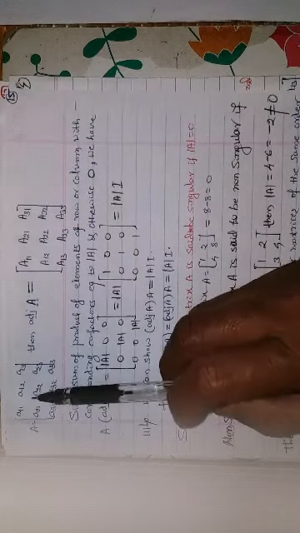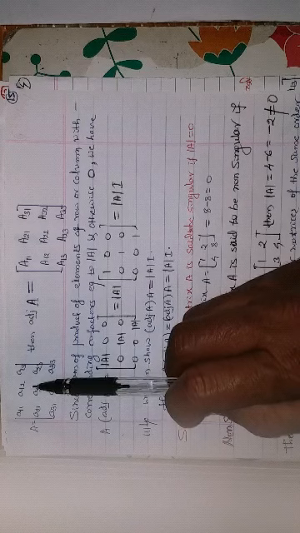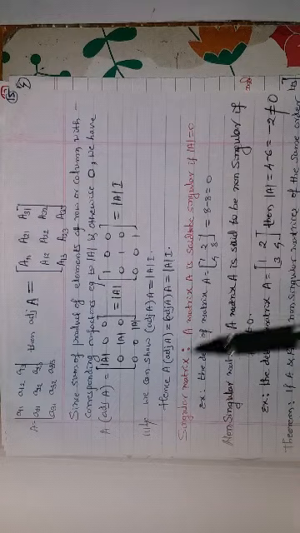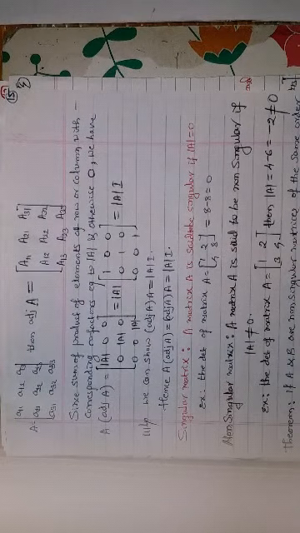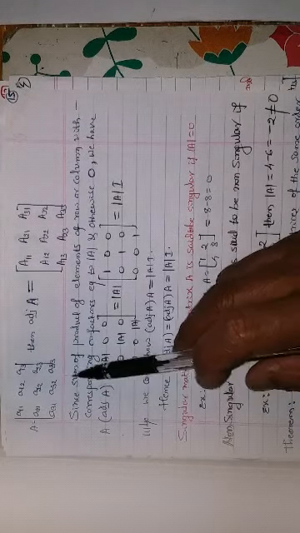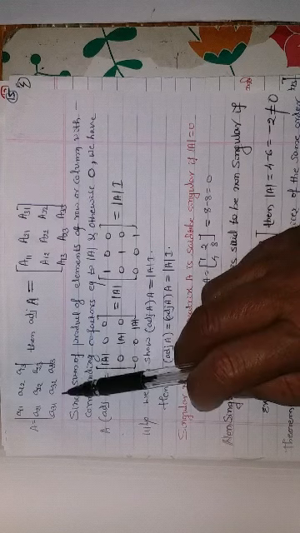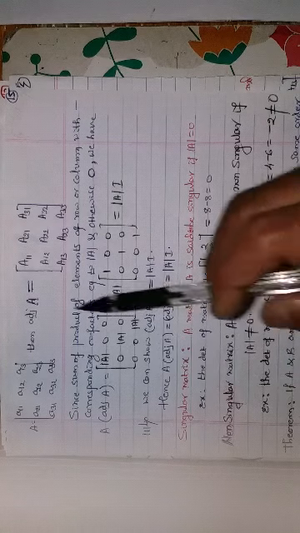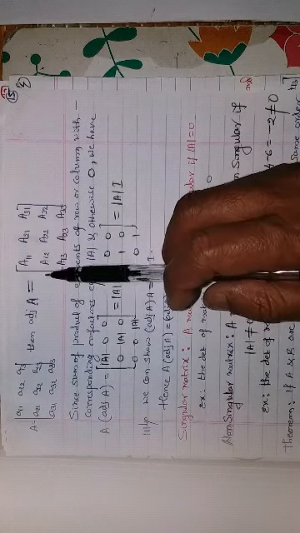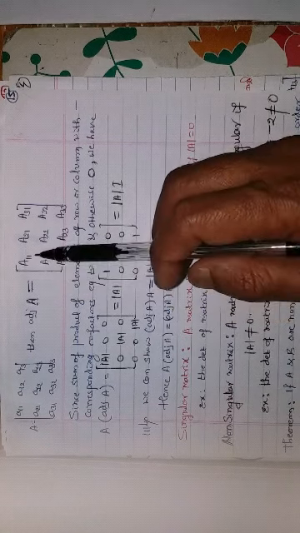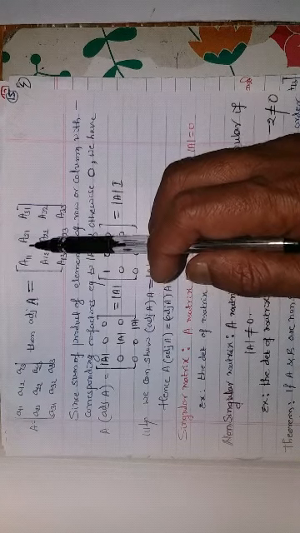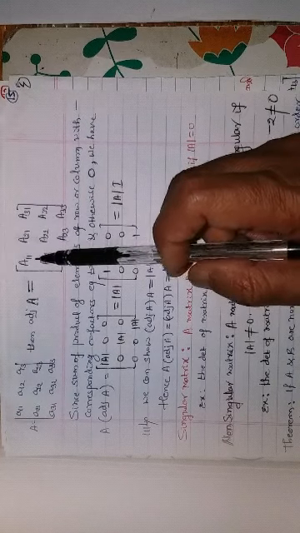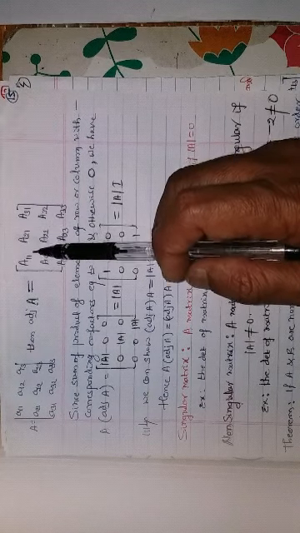Capital A is equals to A11, A12, A13, A21, A22, A23, A31, A32, A33, then adjoint A is given by capital A11, A12, A13, according to the definition of adjoint.